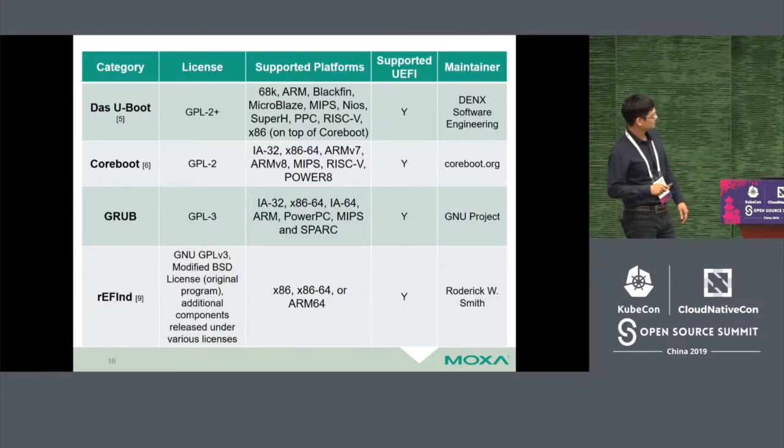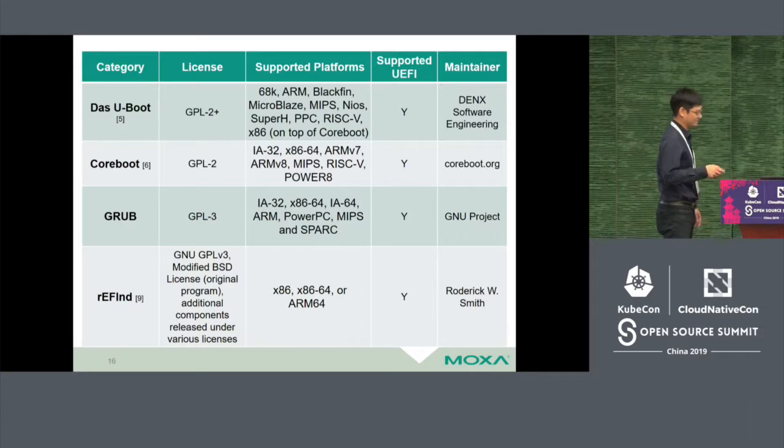There are some categories of bootloader. Typically, we use U-Boot on ARM products and GRUB on x86 products. But some experts use coreboot or Intel firmware.